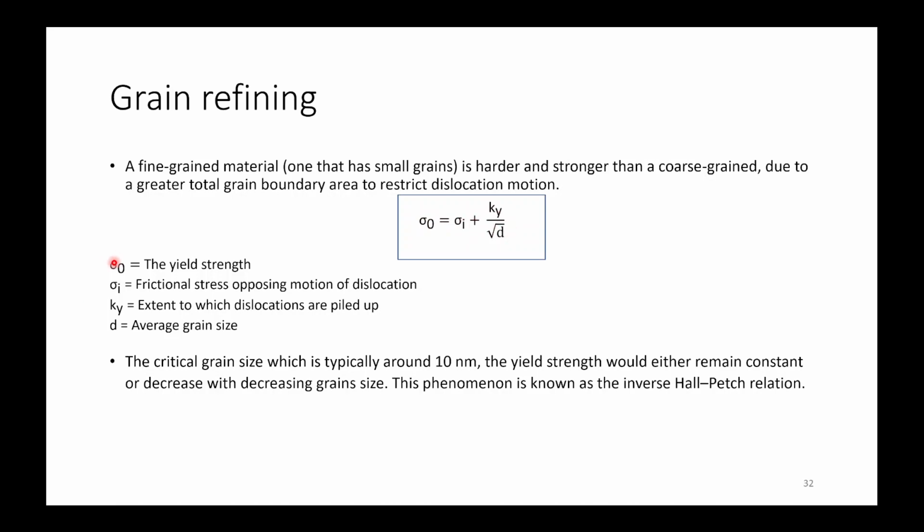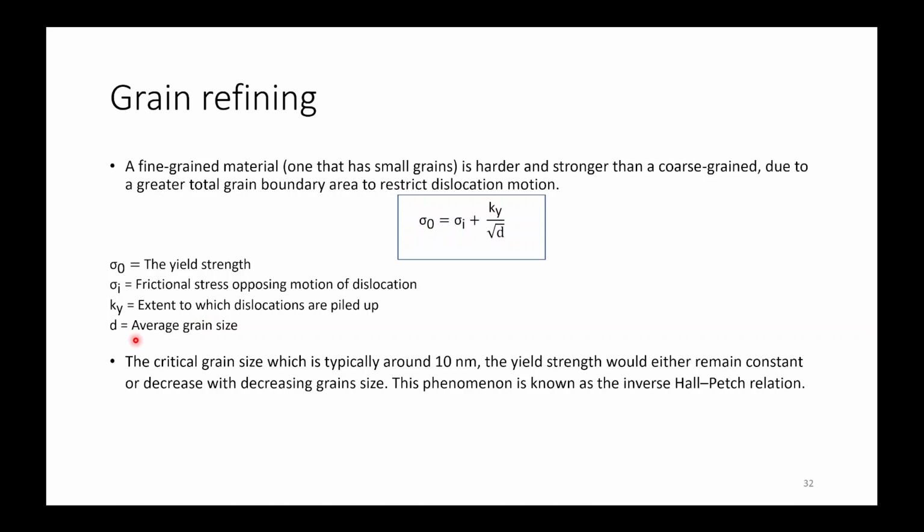So sigma naught is yield strength, sigma i is frictional stress opposing motion of dislocation. It is a constant for a material, and ky is extent to which dislocations are piled up. So ky is also a constant, but it can vary with percentage of cold working that is provided. d is average grain size.